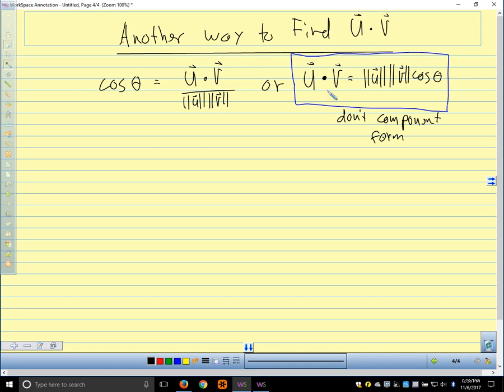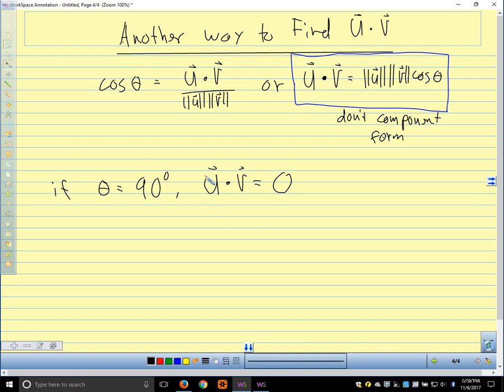Now let's look at this for a second. What if the angle between the two vectors is 90 degrees? What's the cosine of 90? 0. If theta equals 90 degrees, u dot v equals 0.